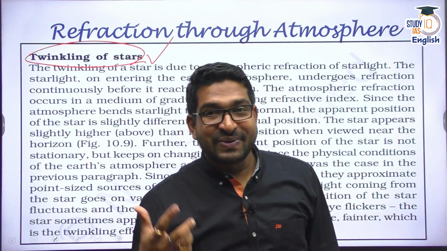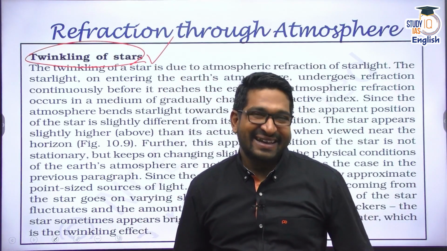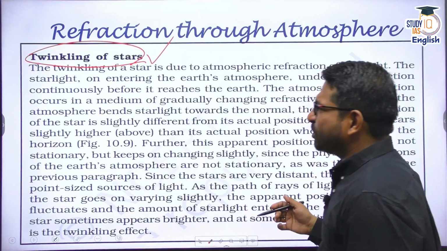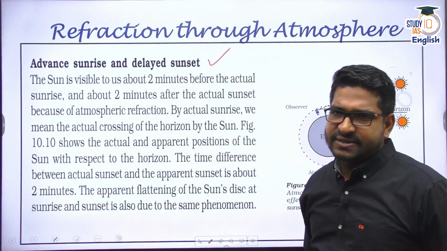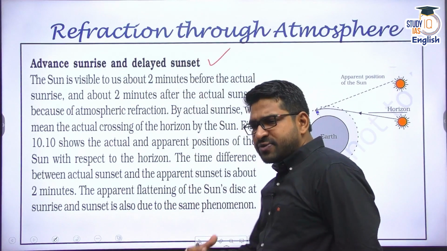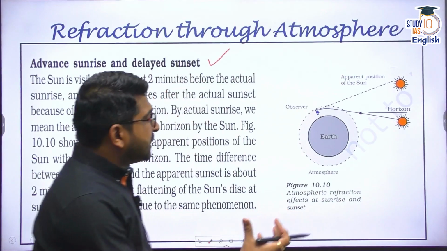Now, apart from this, we also see some other phenomena like advanced sunrise and advanced or delayed sunset. Because of the refraction through the atmosphere, we get an early sunrise.